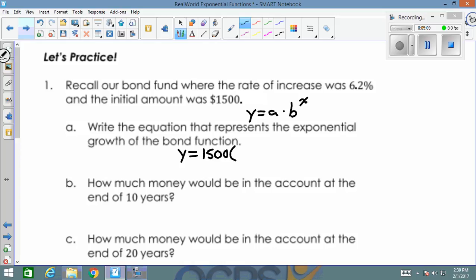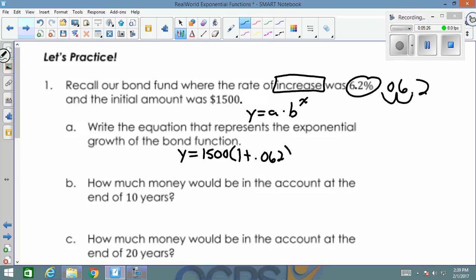Since it's exponential growth, because it says increase here, it's going to be 1 plus the rate. Our rate here is 6.2%, but we need to convert it back to a decimal, which is 0.062. So our function would be y equals 1,500 times 1.062 to the x. Here is our function right there.